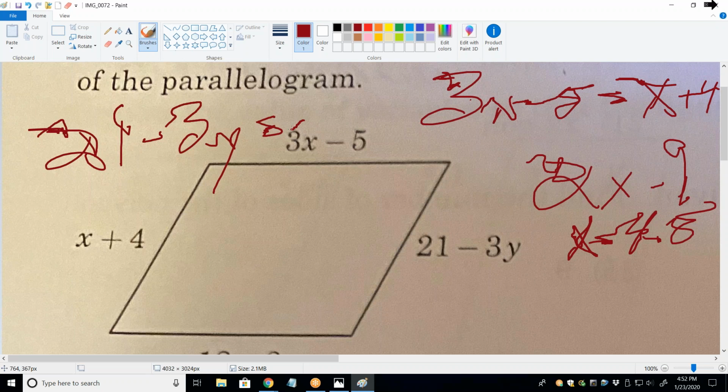X is 4.5. Okay, so 21 minus 3y equals what? What's 4.5 plus 4? 8.5. Okay, there's our equation. Solve that for y.